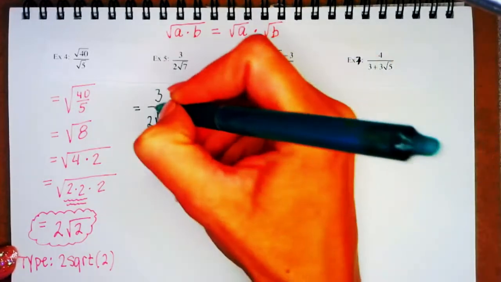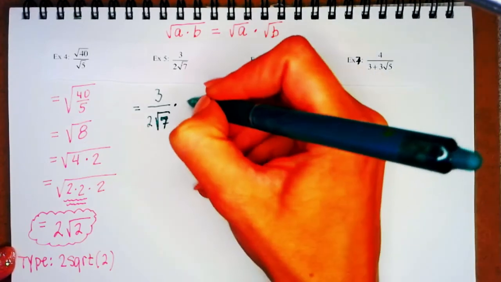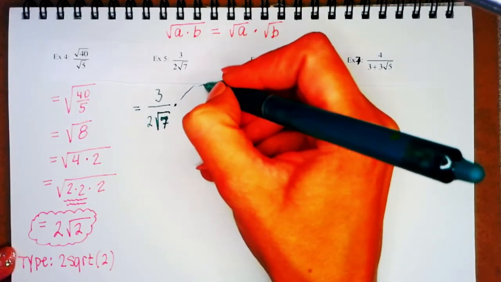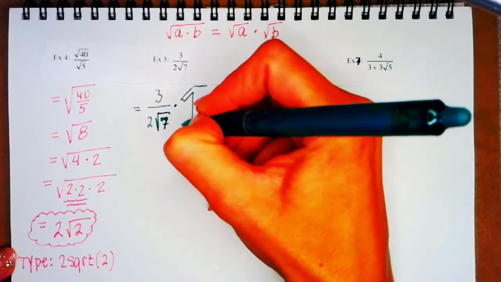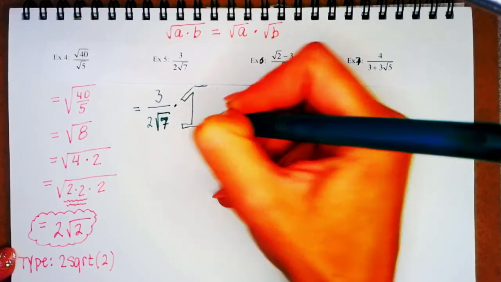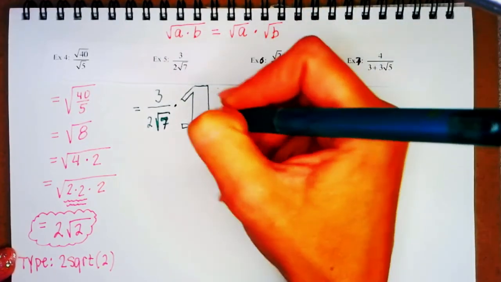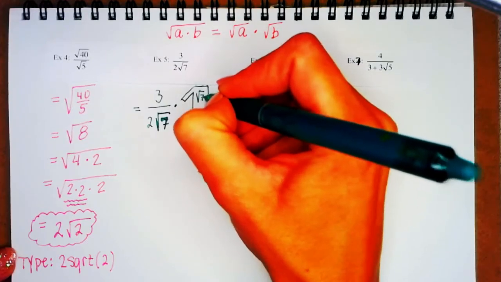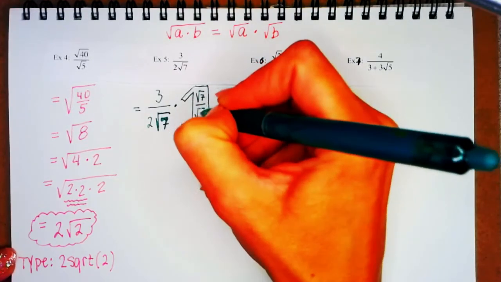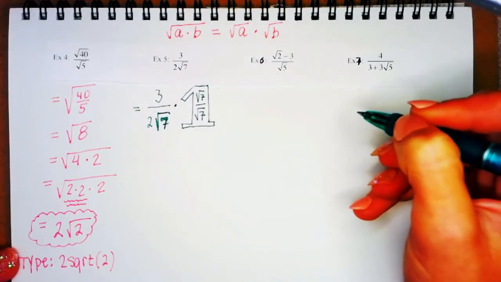The number that you can multiply anything by and not change its value is 1. Now this 1 isn't really going to look like a 1 when we multiply. It's going to be a sneaky one. So the 1 is sort of going to be hidden because we're actually going to multiply by square root 7 over square root 7. Anything divided by itself is 1.